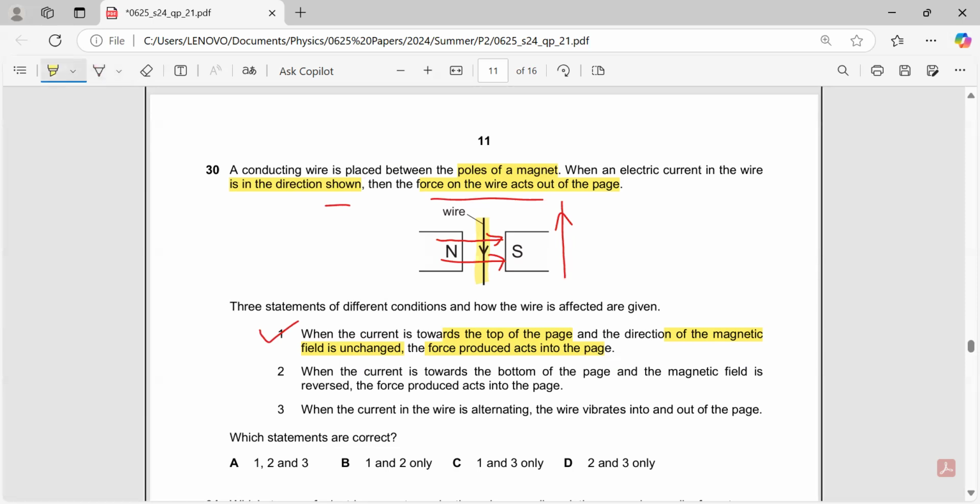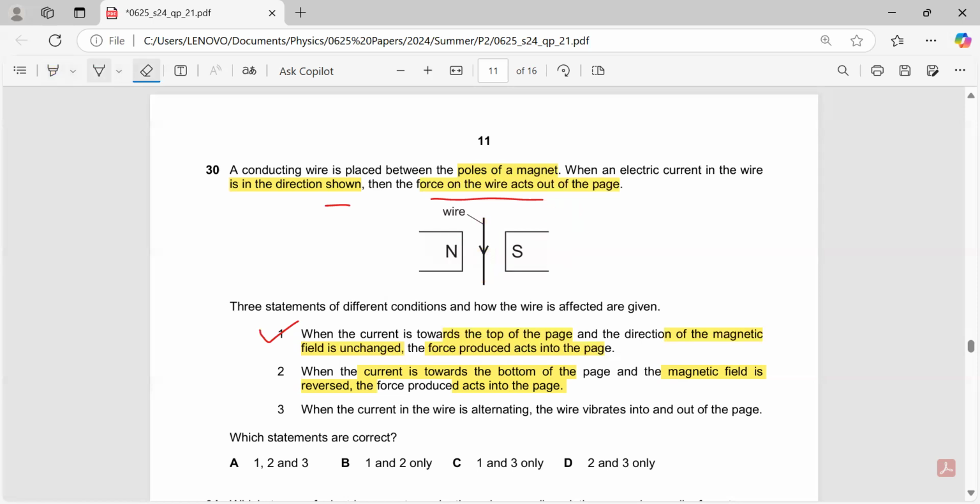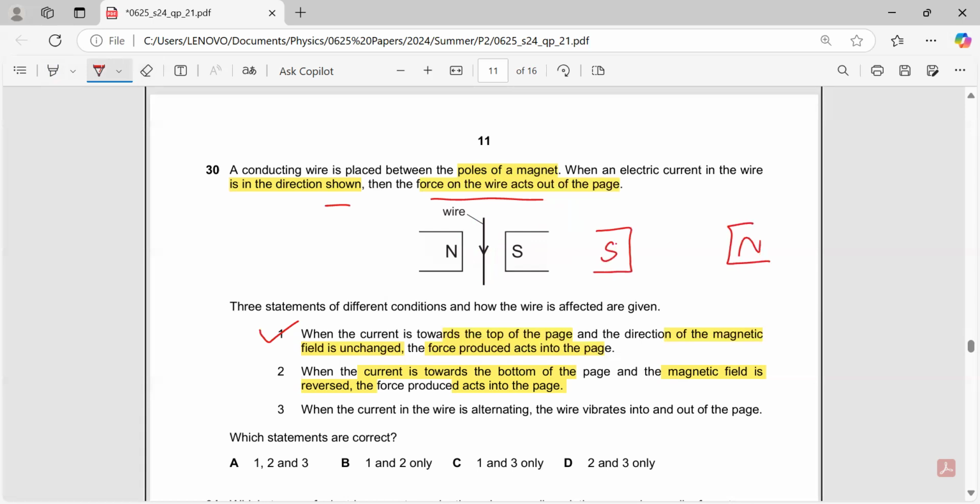Then next statement. When the current is toward the bottom of the page and the magnetic field is reversed, the force produced will be again into the page. Let's change the situation according to our new statement. They are saying that now we are changing the magnetic field, but the direction of current remains the same.